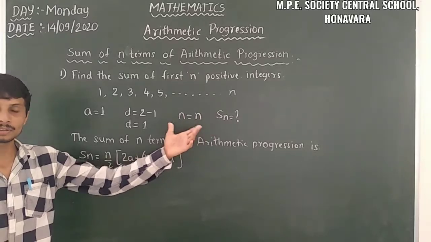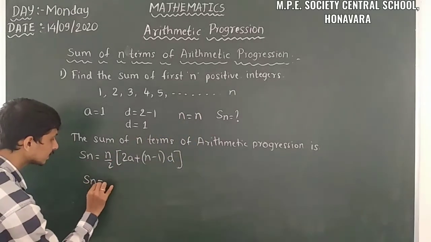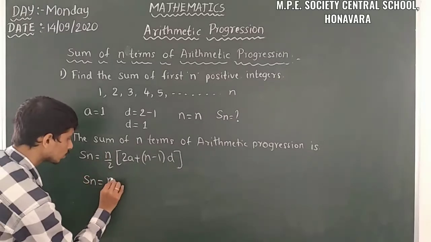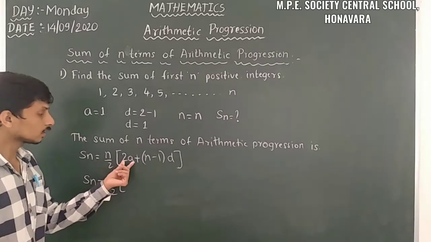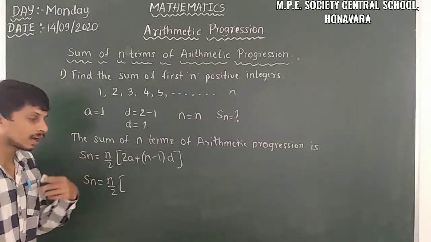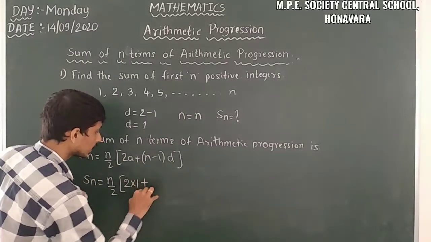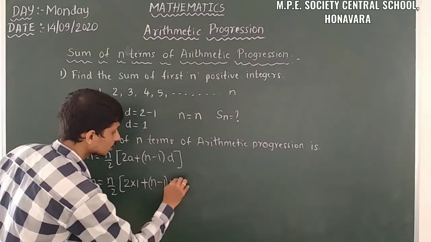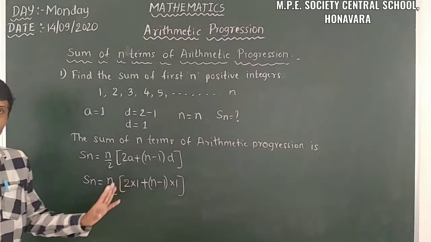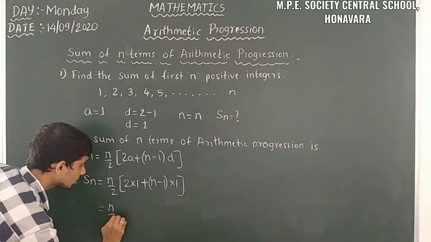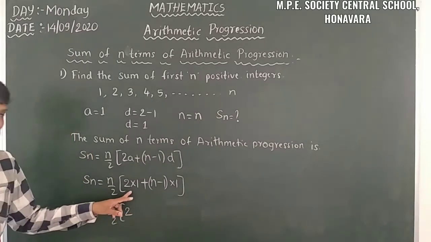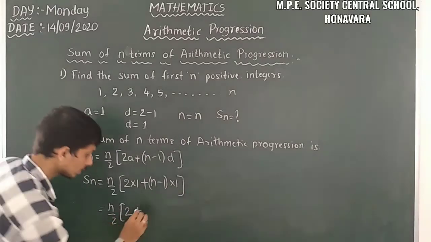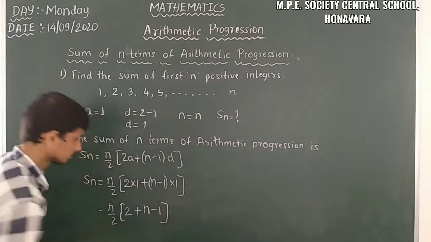Sn remains as it is, and n also remains as it is, because we don't know it. So n by 2 into 2 into a, that means 2 into 1, plus n minus 1, and d is 1, so we substitute. Then n by 2 into 2 plus n minus 1 into 1, which means n minus 1 only.